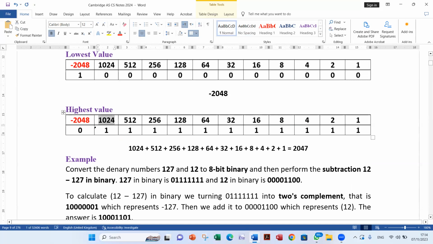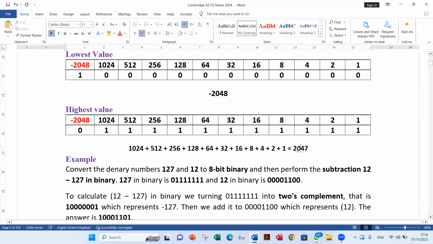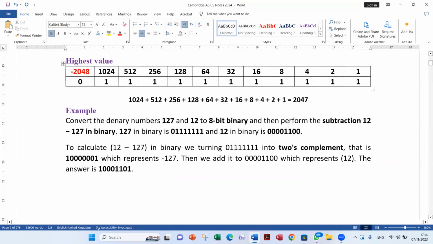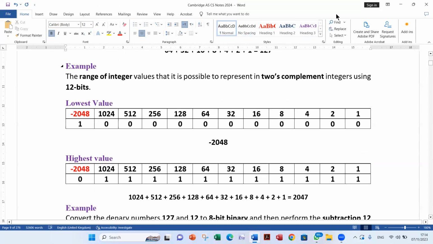You have 11 bits. And then if you have already memorized the powers of 2 scale, it is easy. Anyhow, that was an example of finding the lowest value, and that was an example of finding the highest value. I hope this is clear.